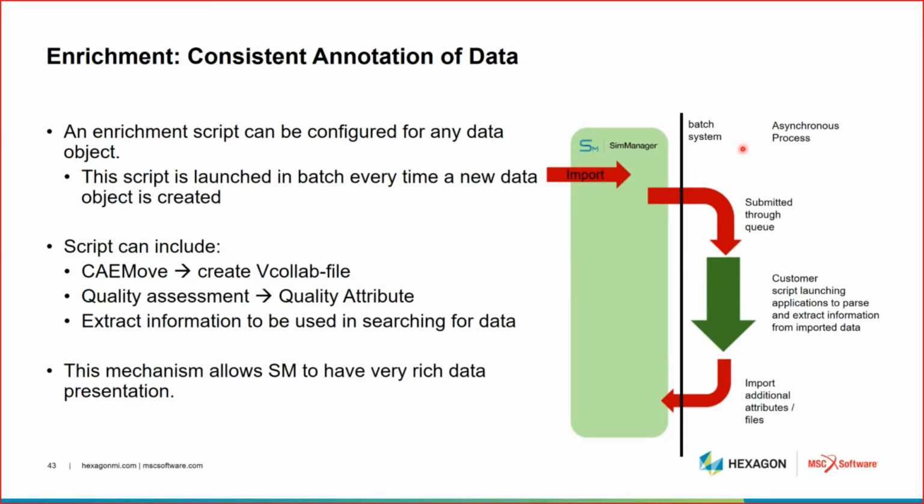It may even be queued through the HPC environment you have, to ensure that there's appropriate scheduling and hierarchy of doing the enrichment, so that you don't stop doing an analysis simply to create an extraction of key results or key parameters for an input deck. That's something which is managed in the appropriate hierarchy, so the analysis jobs are run first, and the nice cosmetic stuff is done after that.